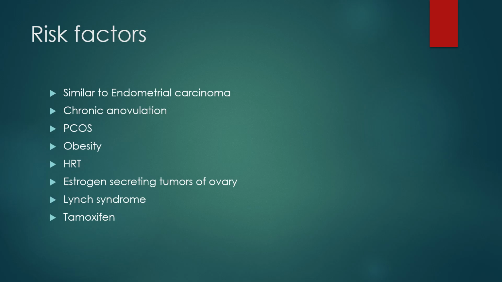In women having a family history of malignancy, Lynch syndrome is one of the risk factors, and women who are on prophylactic tamoxifen have another risk factor for developing hyperplasia.